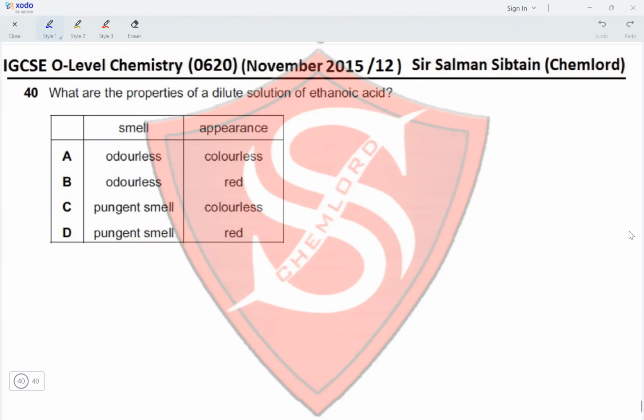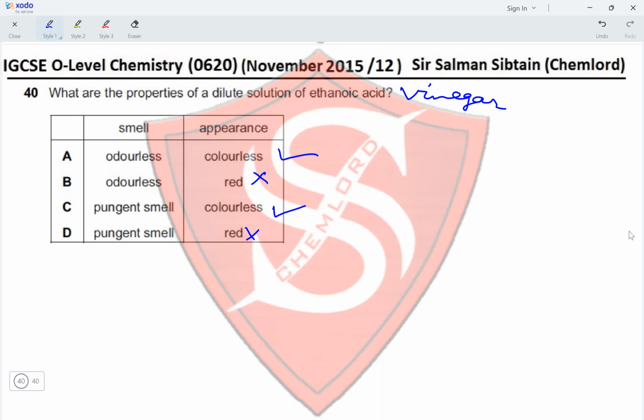Question 40. What are the properties of a dilute solution of ethanoic acid? Ethanoic acid is vinegar. So what are the properties of vinegar? Appearance. Appearance is sort of colorless. The options are colorless and red. No, it cannot be red. It has to be colorless for appearance.